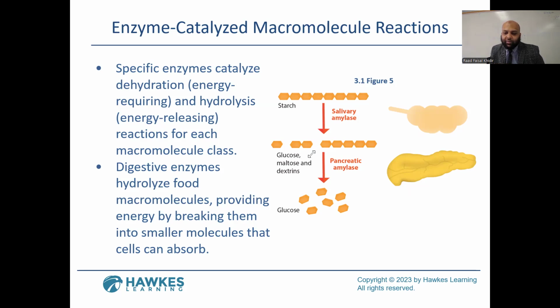So you see that's the starch, and we break down starch into disaccharides. Then you use salivary amylase, which is in your mouth, in your saliva. Then there is another amylase in the pancreas known as pancreatic amylase that's going to further break down sugar into glucose.